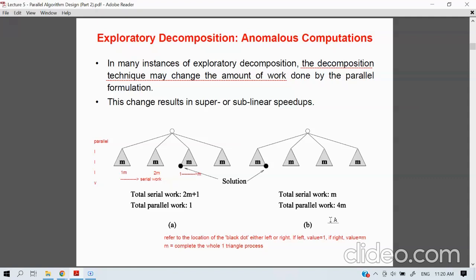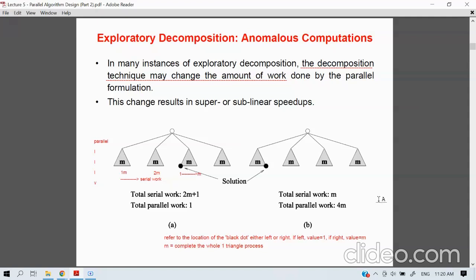We know that these two diagrams have one level of parallel process. Why? Any answer? Why? No one to answer?